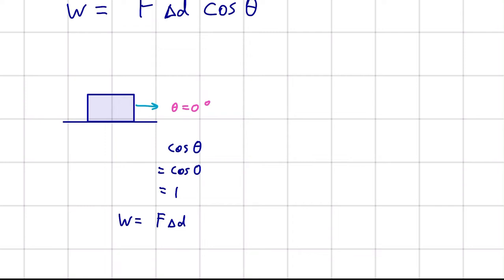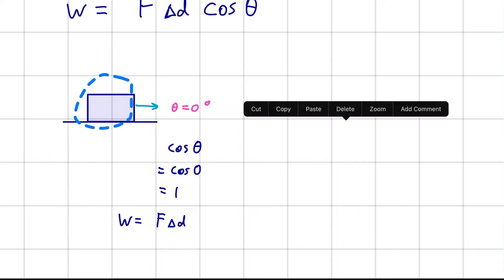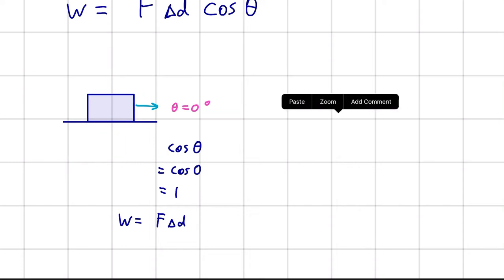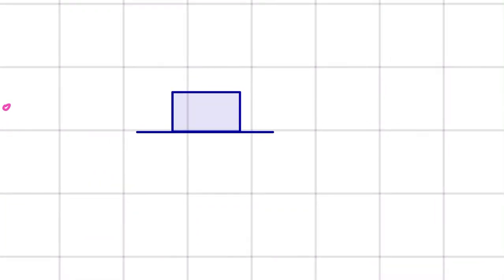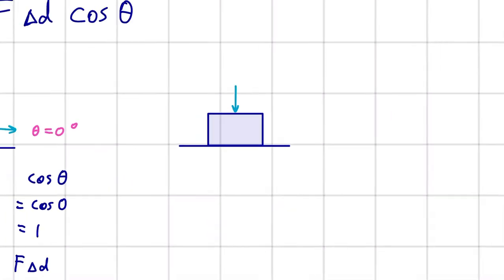And in the other case, if we have a force that is acting directly downwards, that's kind of like an angle theta equals 90 degrees.